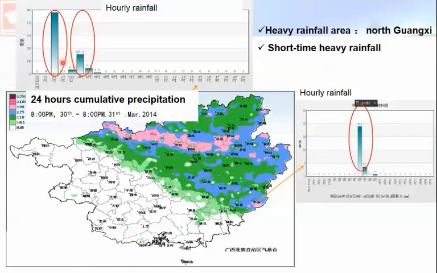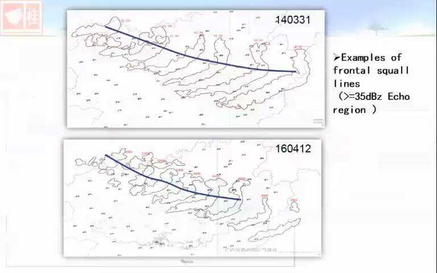From the hourly rainfall distribution, it can be seen that there were only 1 or 2 hours with hourly rainfall more than 30 millimeters, indicating that there were only 1 or 2 mesoscale systems with short transit time during the influence period of the squall line.